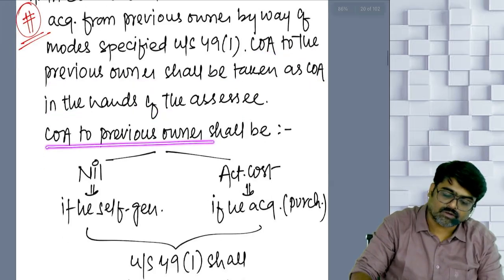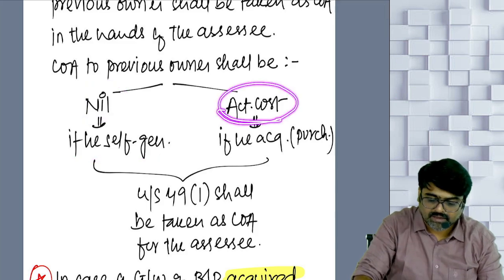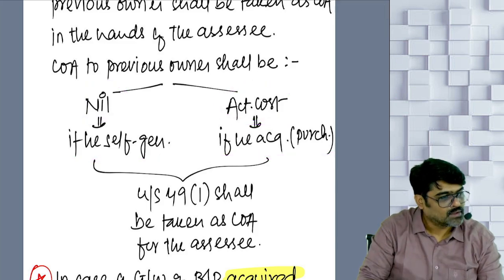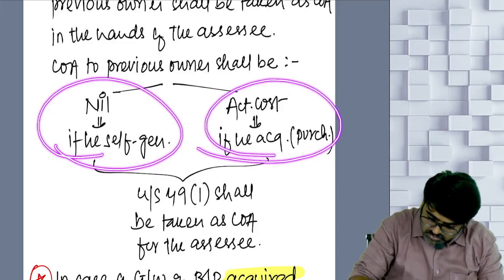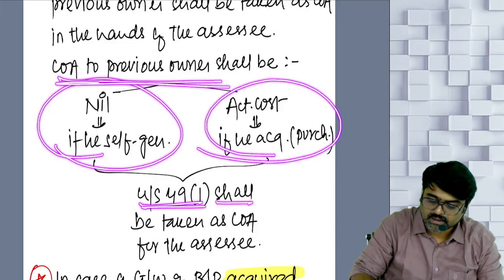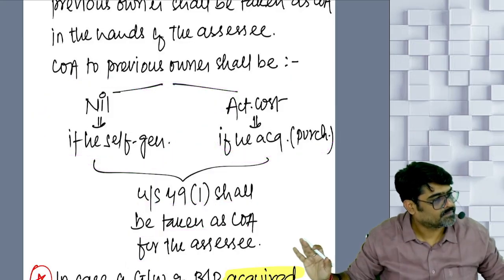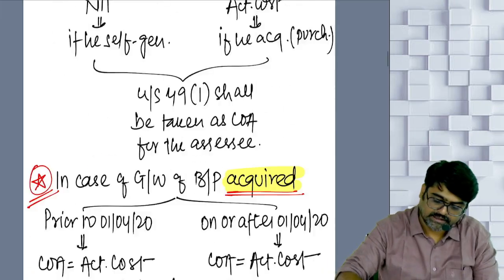What is the cost of acquisition of the previous owner? It will be nil if he self-generated, and actual cost if he acquired. So nil or actual cost, which was the cost of the previous owner, under section 49(1) shall be taken as cost of acquisition of the assessee. That's it. Understood? Next one.